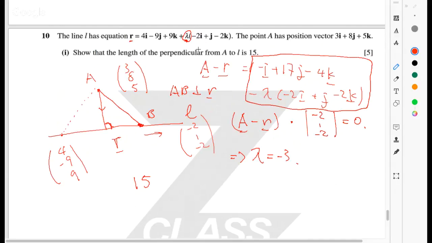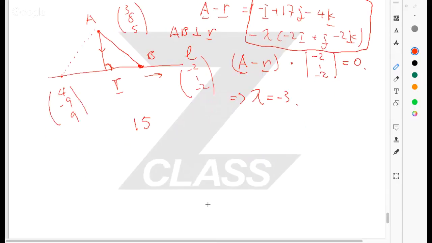Okay. So this has a parameter, and every point on the line is specified by this parameter lambda. And then you use the idea that when it's perpendicular to the line, you must get a zero dot product. Yeah.